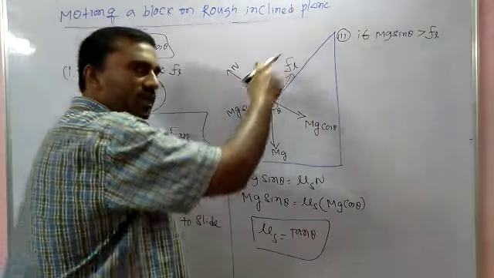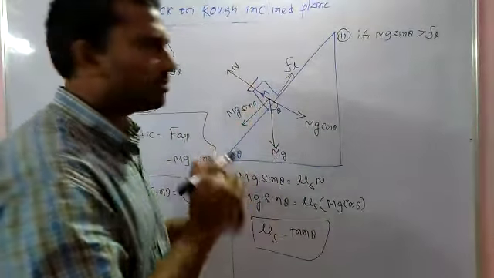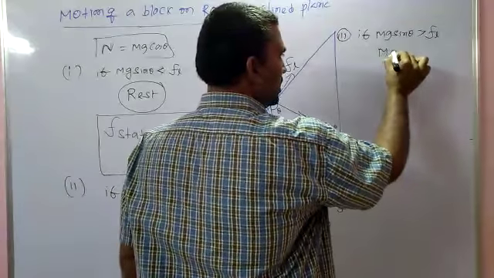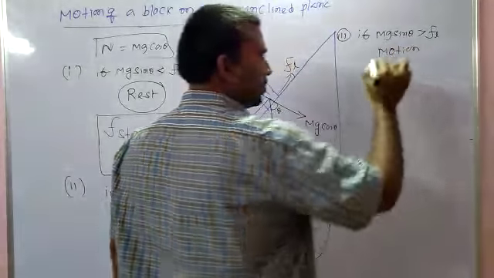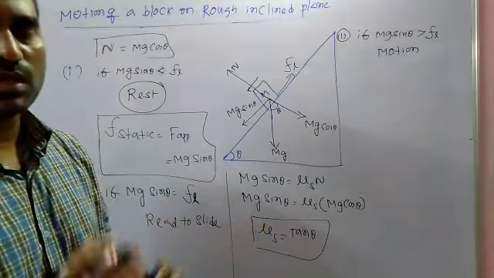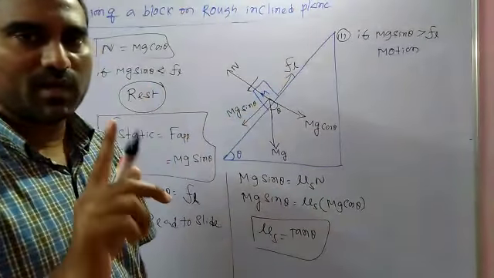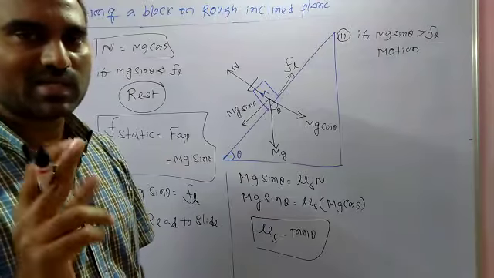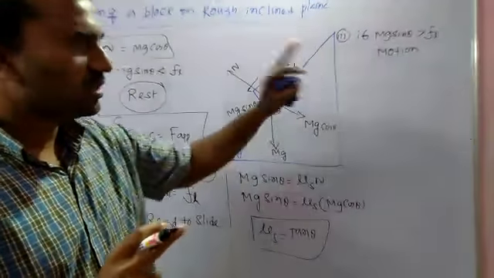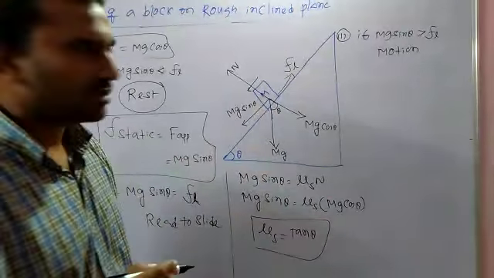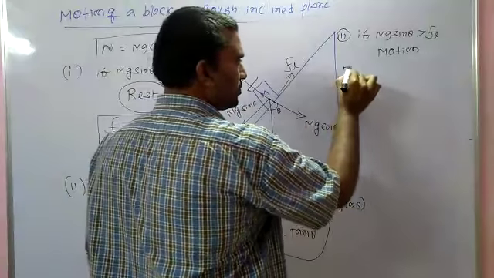The block is moving down. Once the block is in motion, the friction is not limiting and not static. The friction is kinetic friction. For the motion of the block, what is the equation?